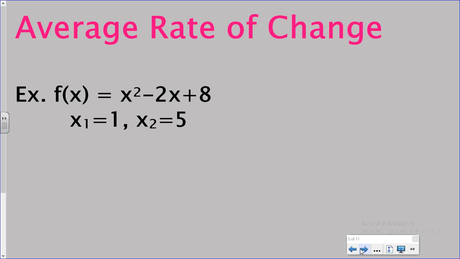So here is the function that I would like to work with. F of x is x squared minus 2x plus 8. And I want us to find the average rate of change between x is 1 and x is 5.